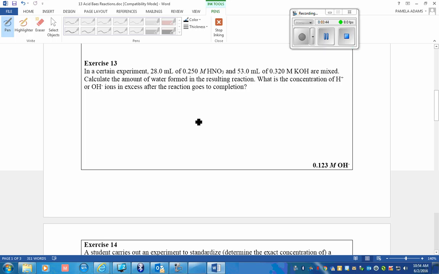This gave you a clue that you need to do a limiting reactant problem. So our reaction looks like this: HNO3 combines with KOH to form KNO3 and water. I'm going to write water as HOH for a reason that will become apparent in a moment. This is a balanced equation.